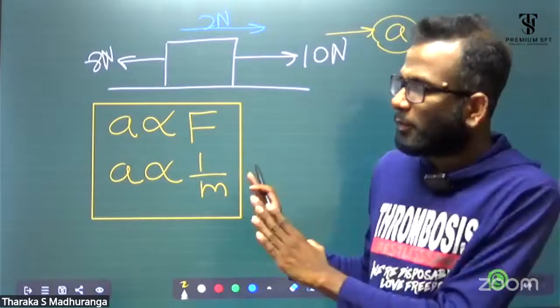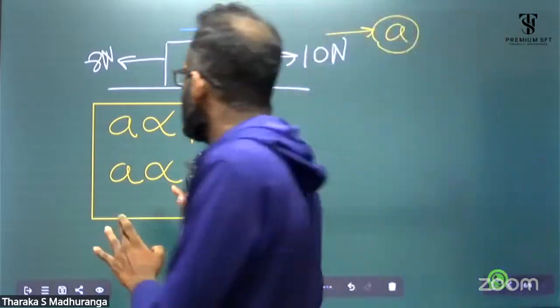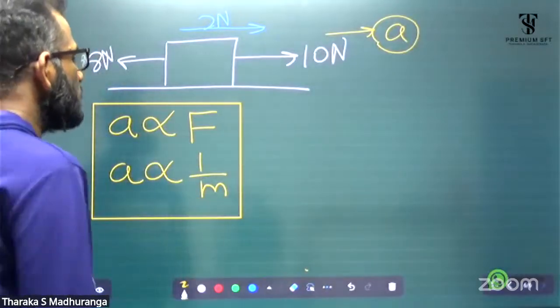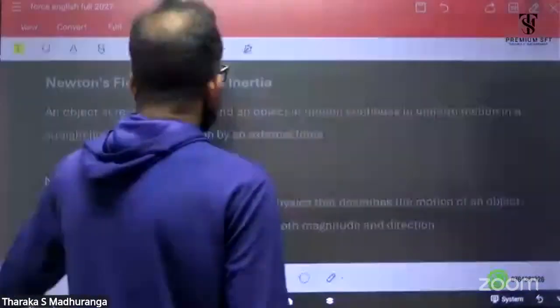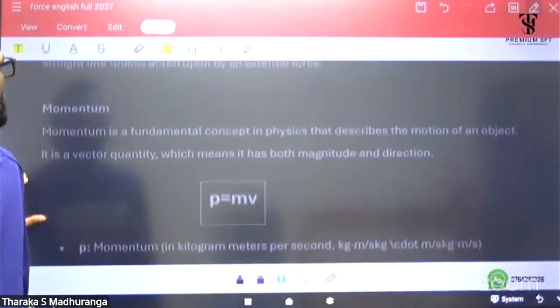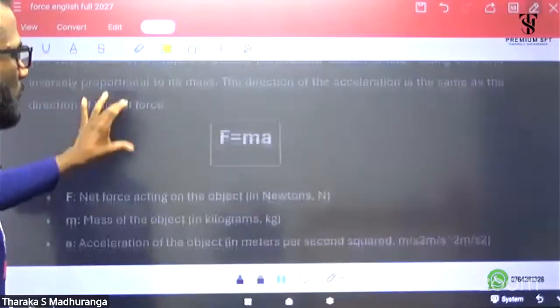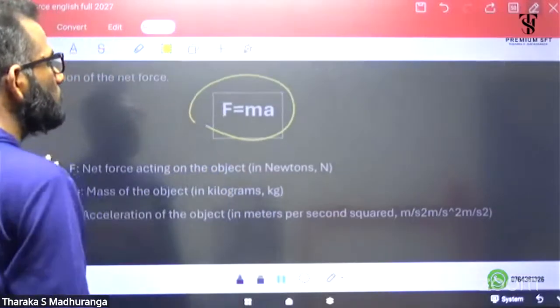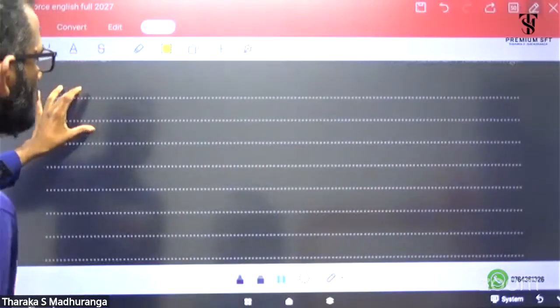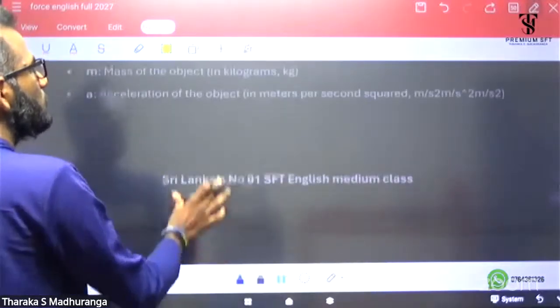This is the second law. According to Newton's second law, we can get our common expression F equals ma.